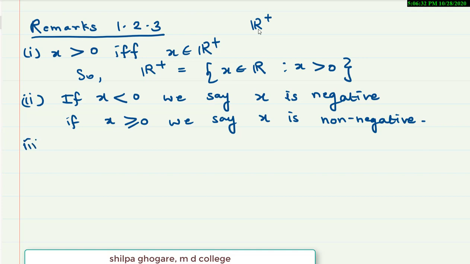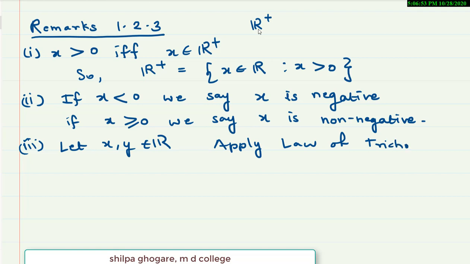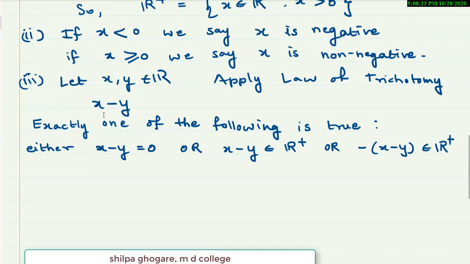Now the third remark says, let us take two real numbers and we apply law of trichotomy to the real number X minus Y. Now for the number X minus Y, exactly one of the following is true.